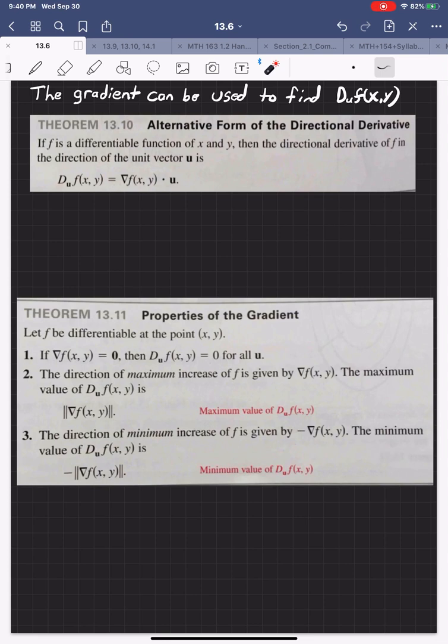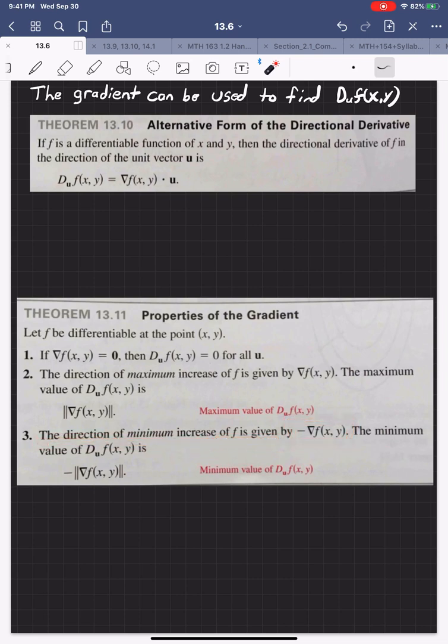Now, it just so happens that if you're thinking about slopes, the direction of max increase of that function is given by your gradient. The direction of minimum increase of that function is just the negative gradient.